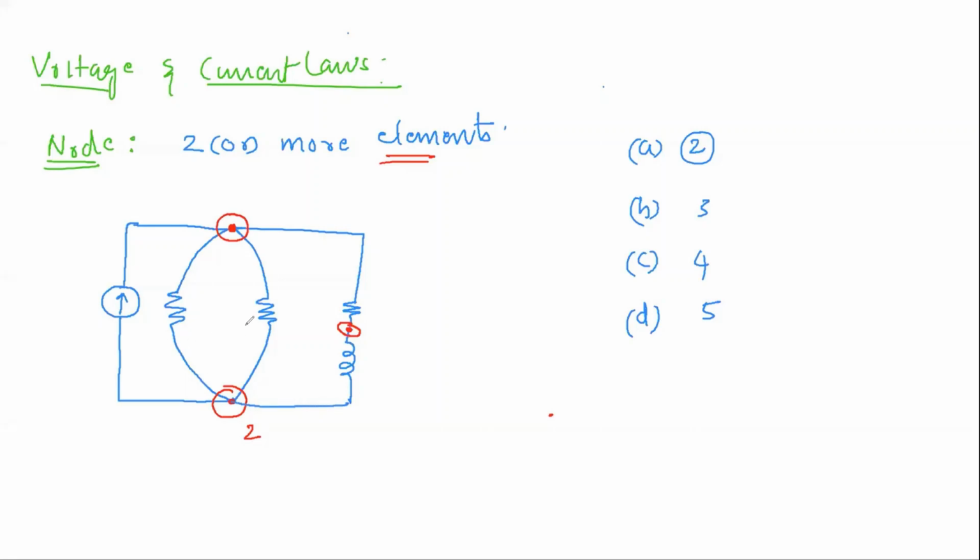Now what is the path? When we are starting, how many paths are there? Looking at the definition, how many paths are there? Two paths are there?